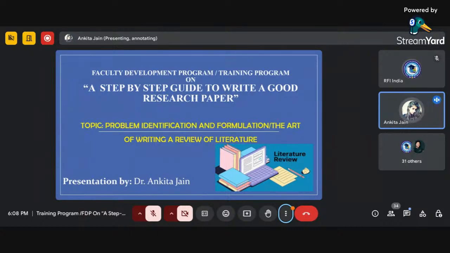Then reference management, and one more important thing we should know is understanding ethical issues in plagiarism. There is also writing a research paper or report, and the last one comes as the conclusion. All these points we are going to cover. So I'm starting with my title, that is, problem identification and formulation.